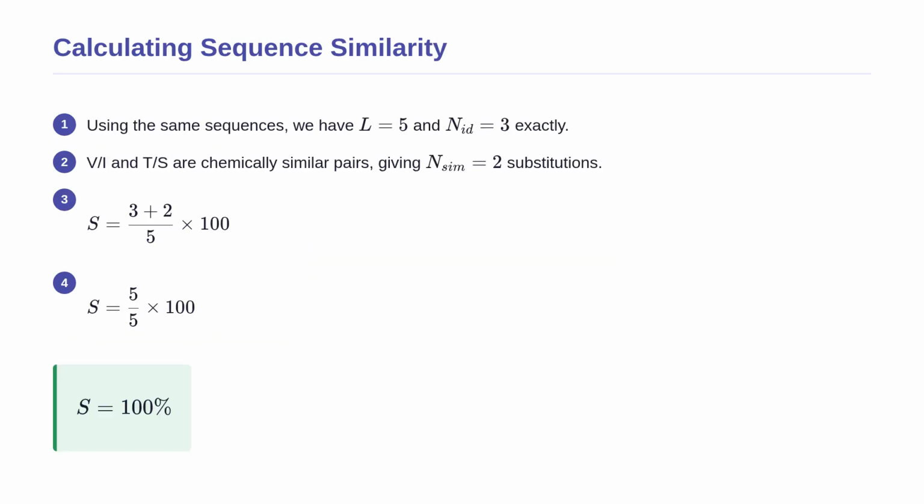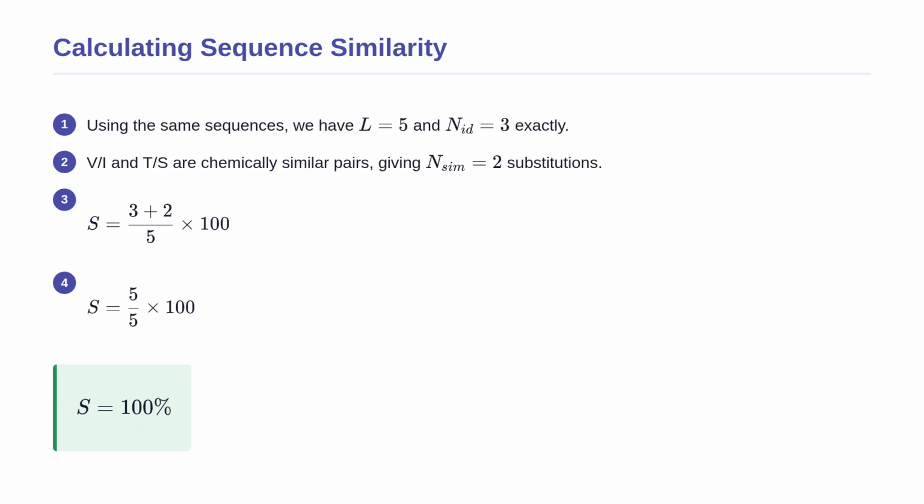Let us apply this similarity formula to the exact same peptides from our previous example. We already know the total length is 5, and we have 3 exact matches. Now, biochemistry tells us that valine and isoleucine are chemically similar, and threonine and serine are also similar. This gives us 2 similar substitutions.